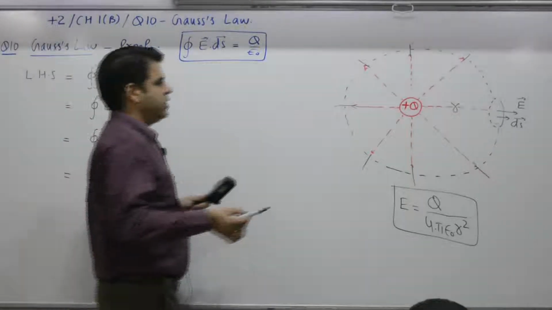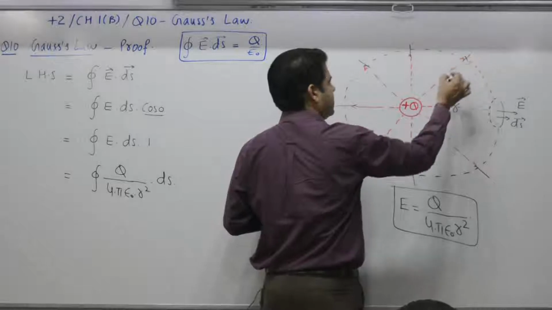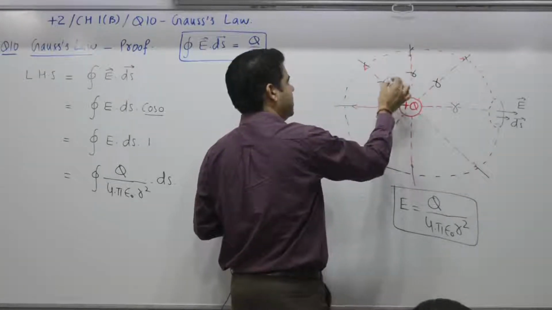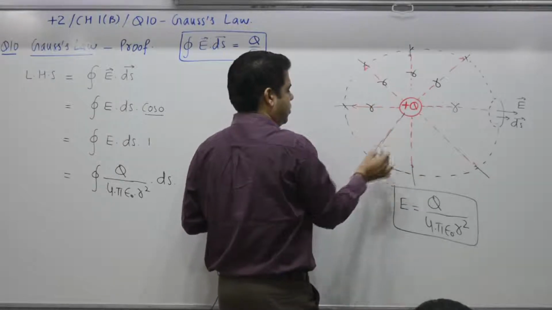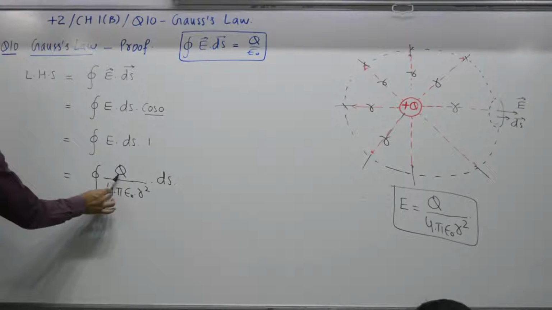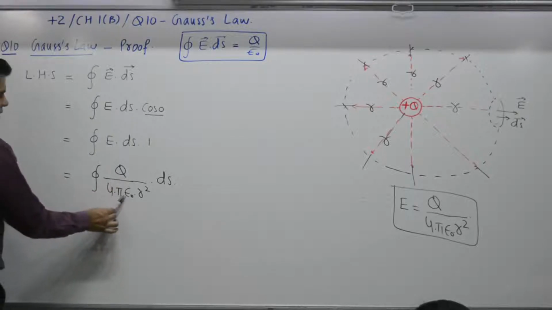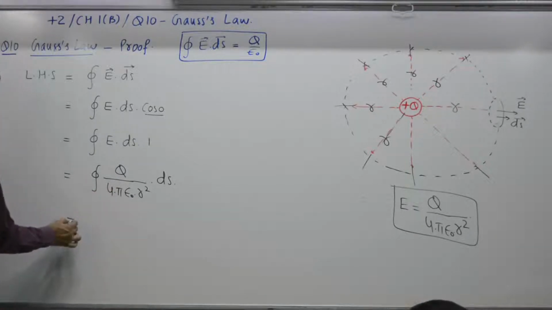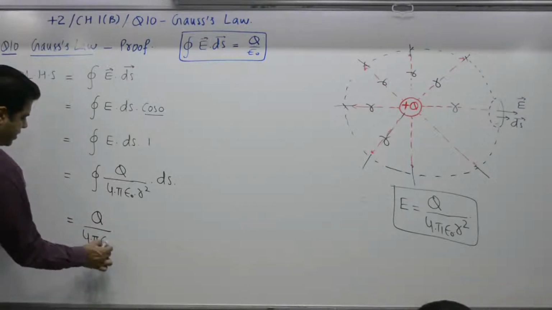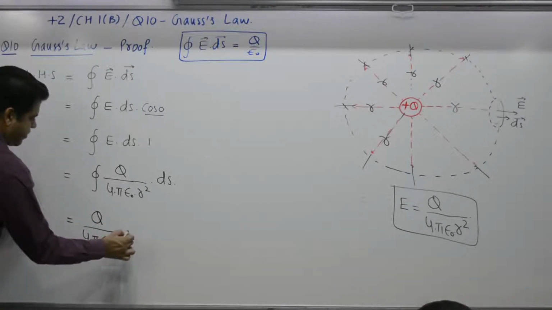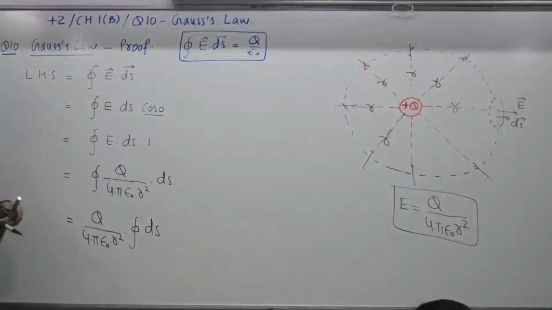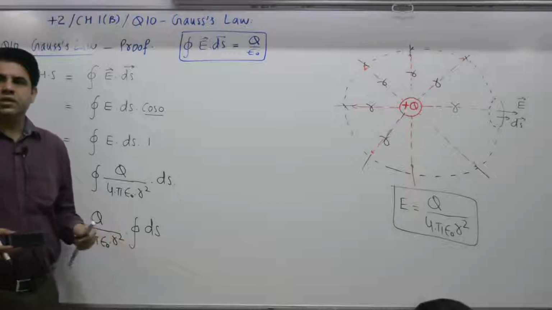For all these points, what is the value of the distance from the center r? At this it is r, at this it is r, at this is r. All are at equal distance r. The charge q is constant, 4 pi epsilon is constant, r is also constant. So what we get is q by 4 pi epsilon r square. ds means what?